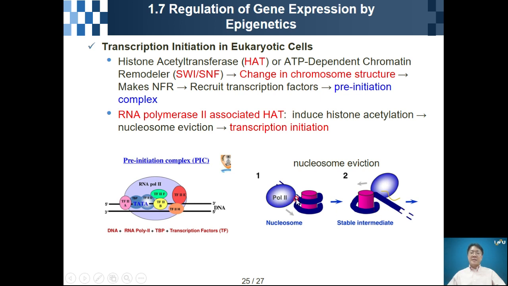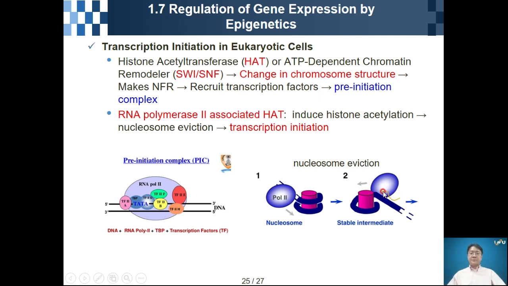It can evict the nucleosome, so RNA polymerase 2 can bind to the DNA region. After that, the transcription starts around here, and mRNA can be made like this.